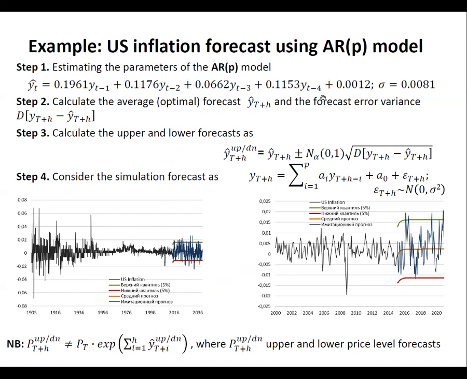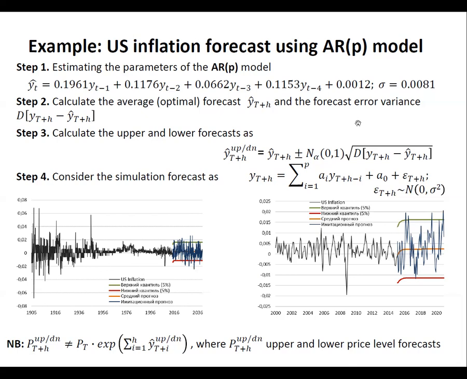Here it is presented on the slide. Here is the standard deviation of the error of this model. At step 2, we calculate the average optimal inflation forecast Y cap with T plus H and calculate the variance of the forecast error using the formulas on the previous slide.